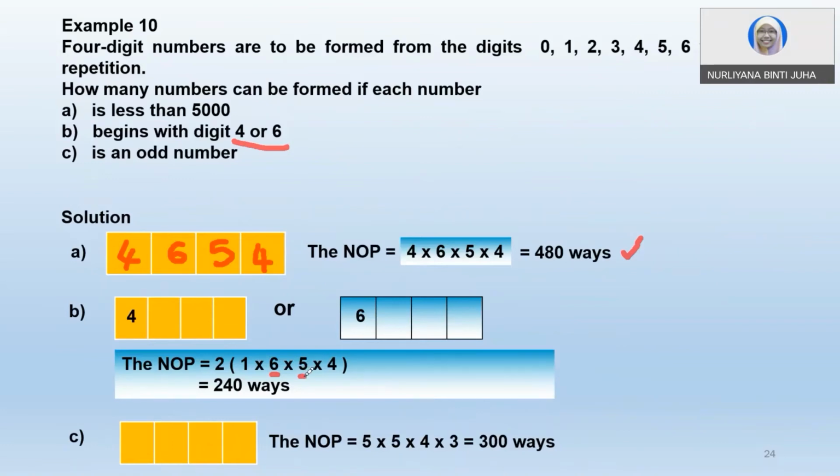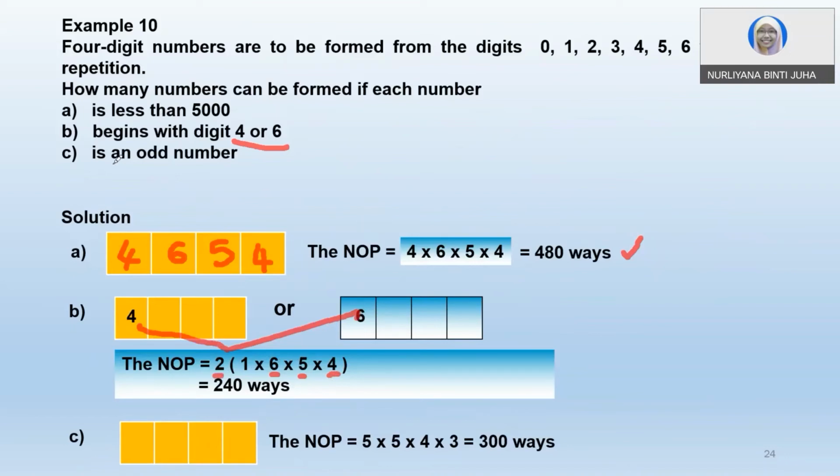Dah pilih 1, 2, 3. Dah pilih 3, lagi tinggal 4 pilihan out of 7. So you just multiply it. Okay. The 2 here is for this one, number 4 and number 6. Yeah. This one.